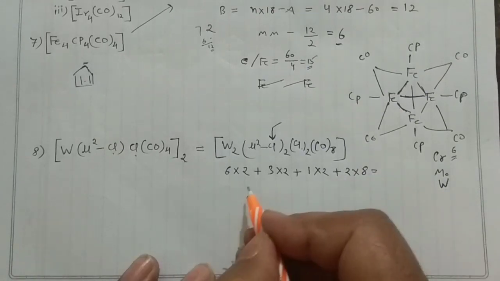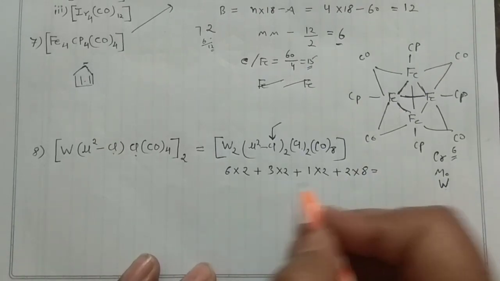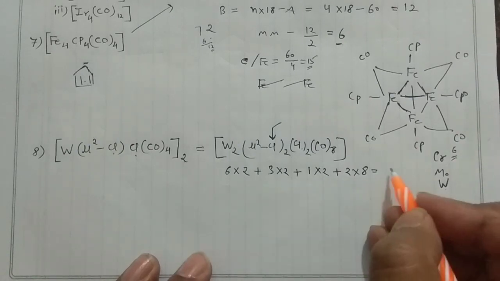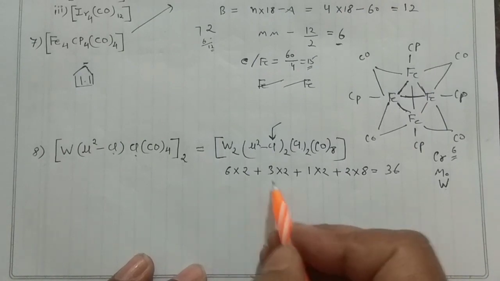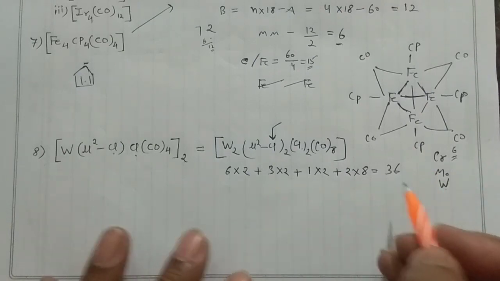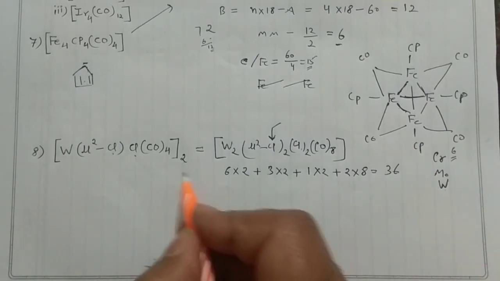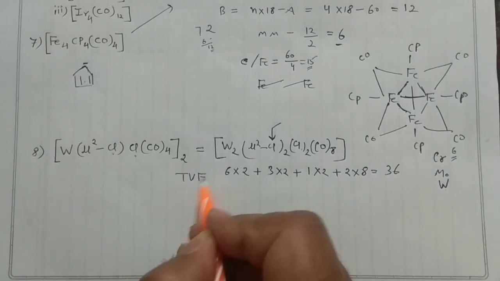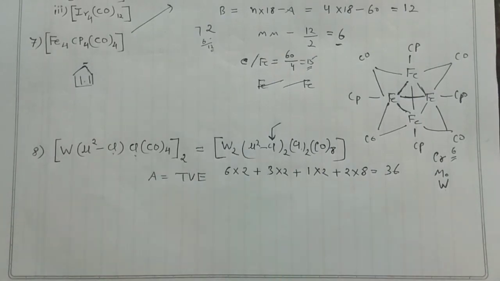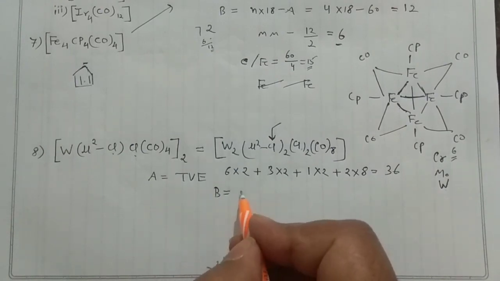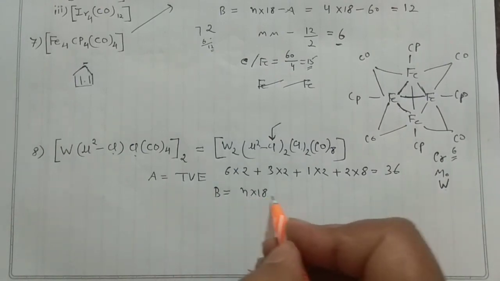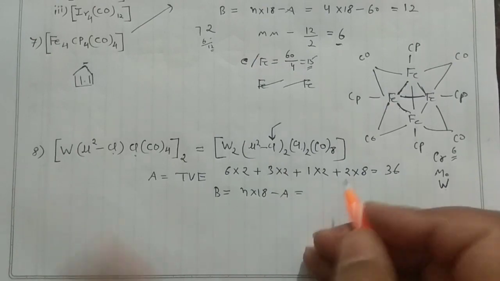So if you add all these things, then how many electrons are you having? You are having 36 electrons. 6 times 2 is 12, 3 times 2 is 6, 2 times 1 is 2. Okay, 36 electrons. These are the total valence electrons, that is A. So if you determine this value, you know n into 18 minus A, where n is tungsten.